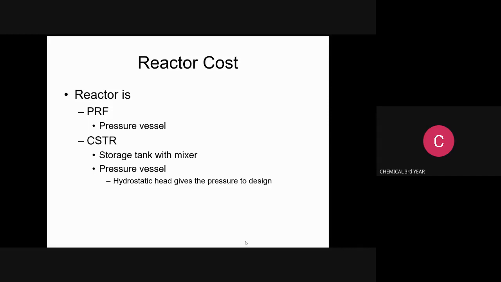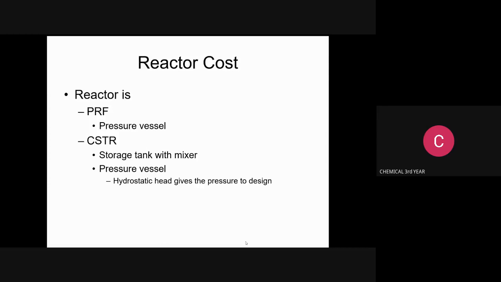Next, what is the other? If the storage tank is fully prepared and there are no changes for the storage tank in CSTR, then we automatically move to the next one, which is the pressure vessel.